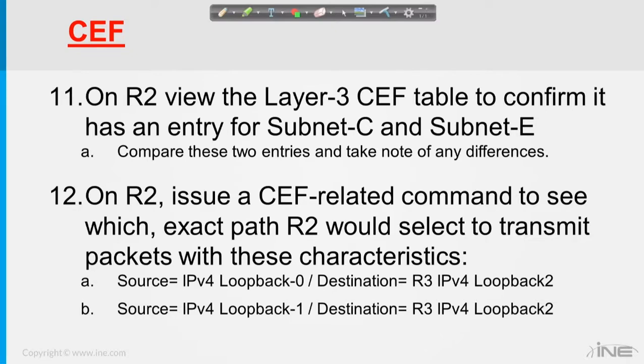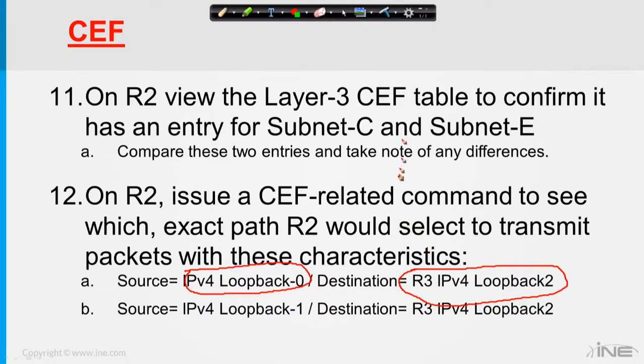On R2, issue a CEF-related command to see which exact path R2 would select to transmit packets with these characteristics. So if R2 was creating a packet with its own loopback 0 as a source, and it was going to R3's loopback 2.